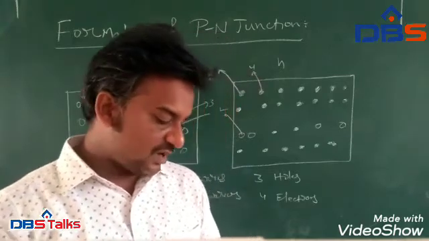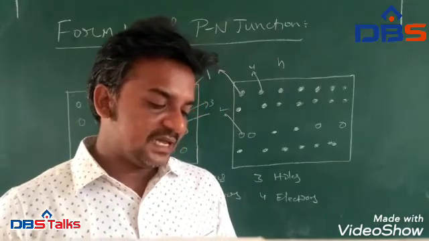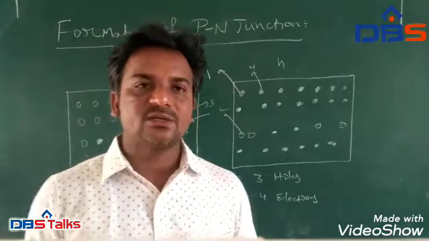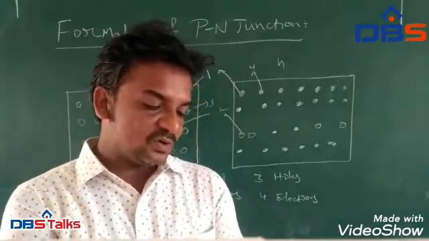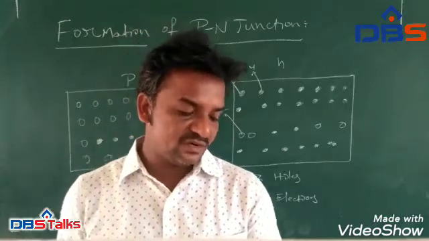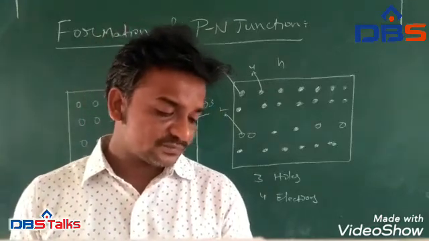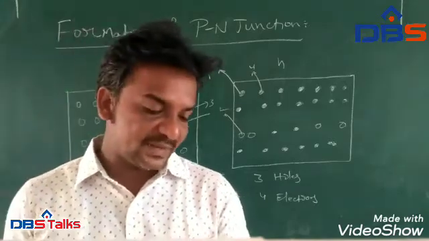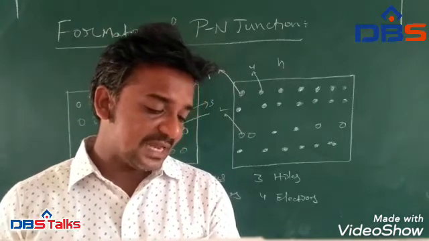Because of contact, some of the electrons from the N side enter into the P side. Similarly, some of the holes from the P side enter into the N side. At the junction, these electrons and holes combine with each other. Therefore, in the region close to the junction, only negative ions are left behind on the P side and only positive ions on the N side.